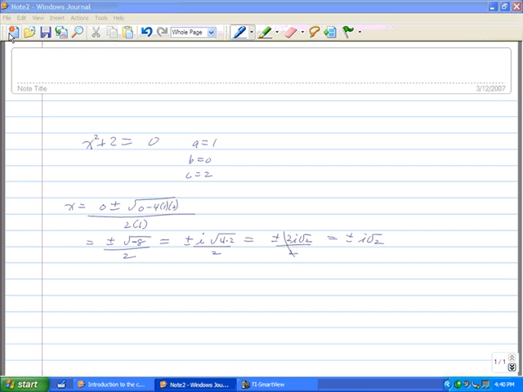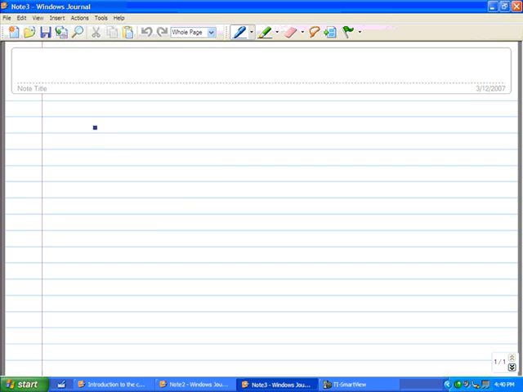Alright, setting that one equal to 0, I'll have the 2x squared plus 4x plus 3 equaling 0. For this one, a equals 2, b equals 4, c equals 3. So x is equal to opposite of b plus and minus square root of b squared minus 4 times a times c all over 2a.